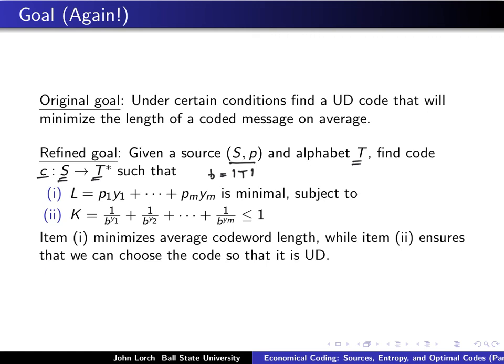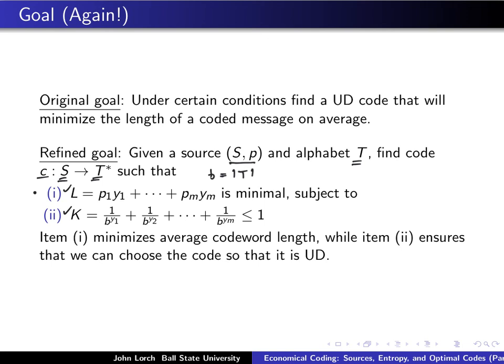All right, so this sort of unrefined goal about minimizing length of coded messages now becomes a more mathematically precise goal where we want to find a code that minimizes L subject to the constraint given by K. Right, so item 1 minimizes the average code word length.